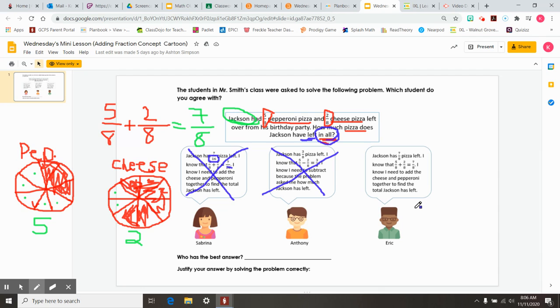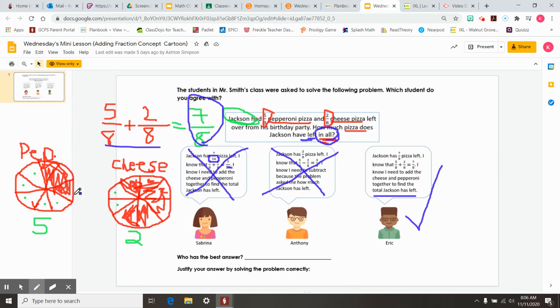Let's take a look at what Eric said. Jackson has 7/8 pizza left. Okay, so far he's right. I know that 5/8 plus 2/8 equals 7/8. Well, he's got that right as well. I know I need to add the cheese and pepperoni together to find the total Jackson has left. Well, it looks like Eric is correct because he followed the steps.